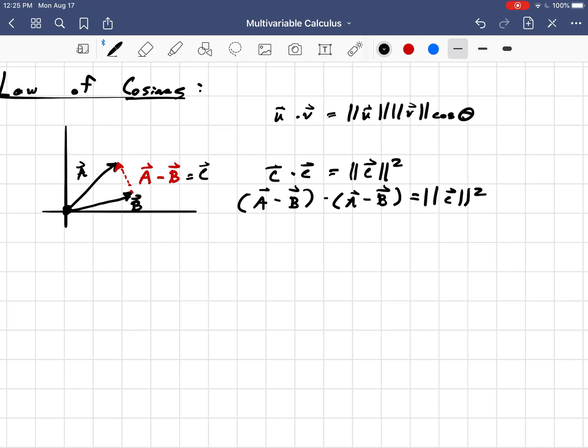Now, you may also remember that the dot product is an n-dimensional scalar operation. In other words, it can be done in an arbitrary number of dimensions, and it outputs a scalar. It's the sum from i equals 1 to n of u sub i v sub i. So you just multiply the corresponding components of the vectors together and then add them up.